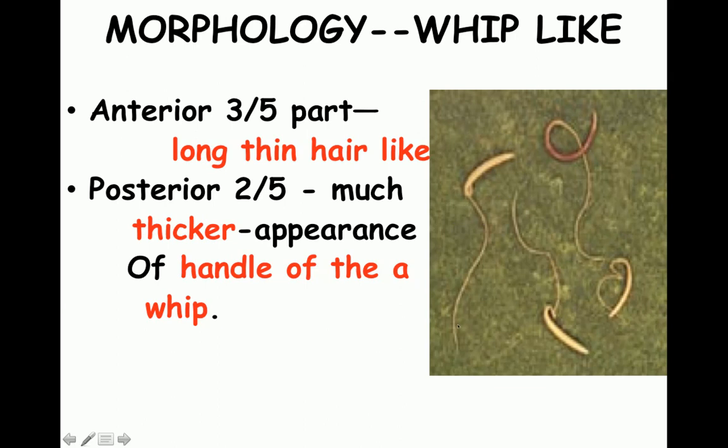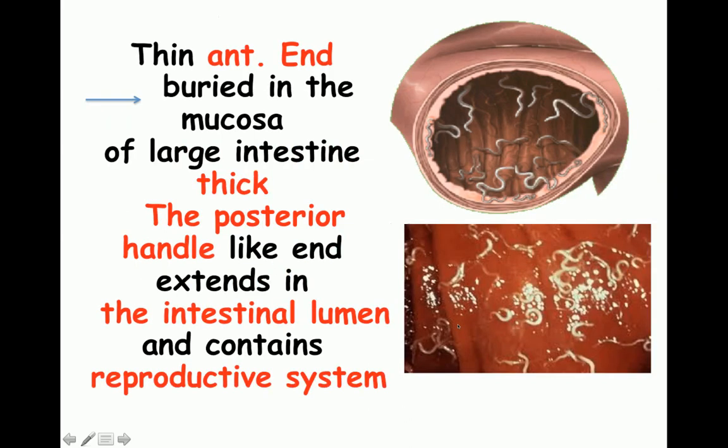If you look at the next slide, you will see this anterior end embedded in the mucosa of the intestine, and the posterior part is hanging in the lumen of the intestines. This is also showing you the posterior portion hanging in the intestinal lumen, and the anterior part is embedded in it. Now, the posterior part which is hanging here contains the reproductive system.